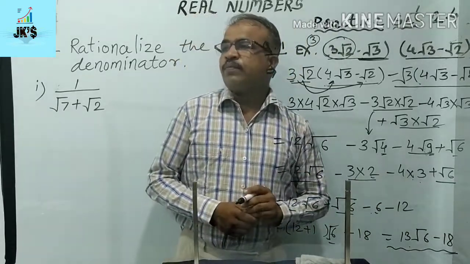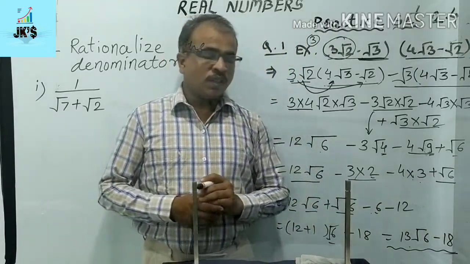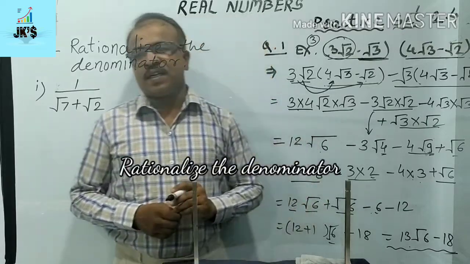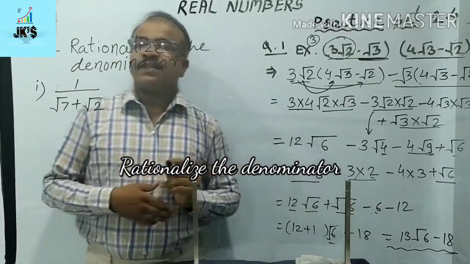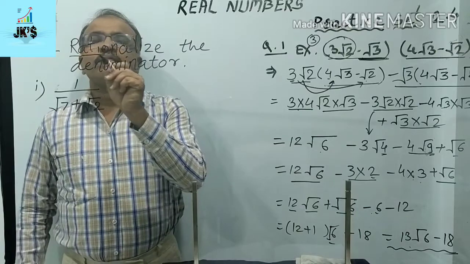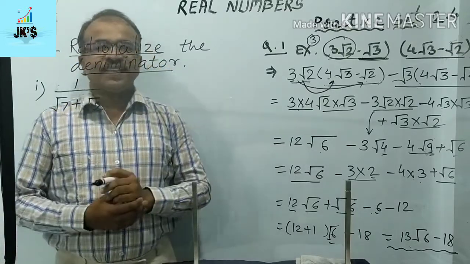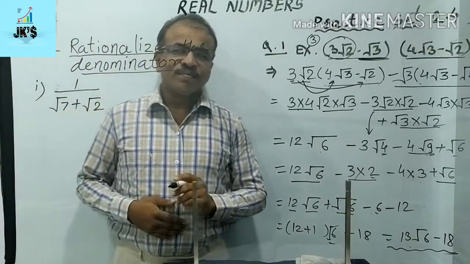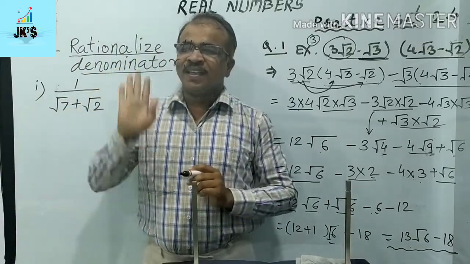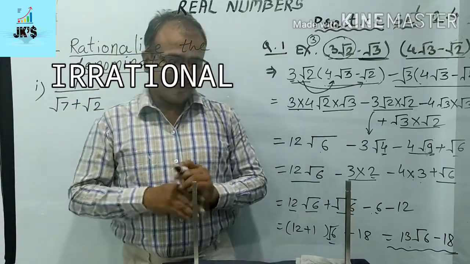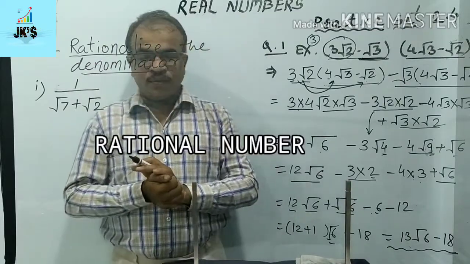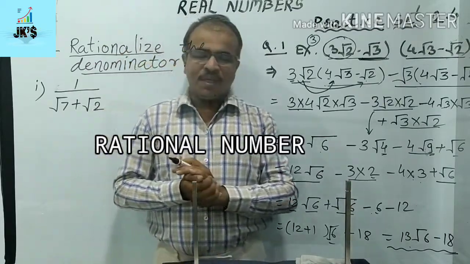Now, the second question is rationalize the denominator. Rationalize means obviously the denominator is irrational and we have to convert it into a rational number.